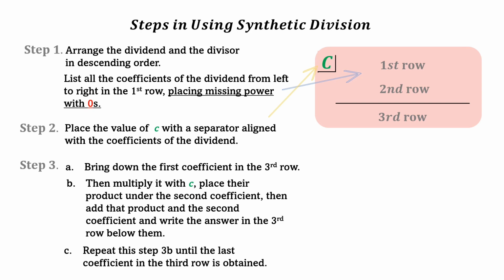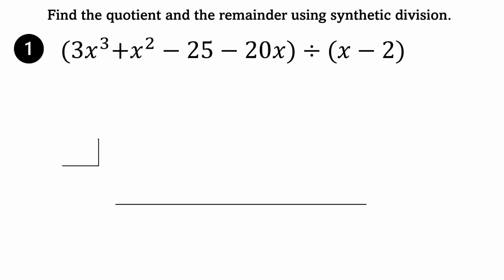So let us apply these steps in the following examples. Find the quotient and the remainder using synthetic division. Number 1: 3x cubed plus x squared minus 25 minus 20x, divided by x minus 2.